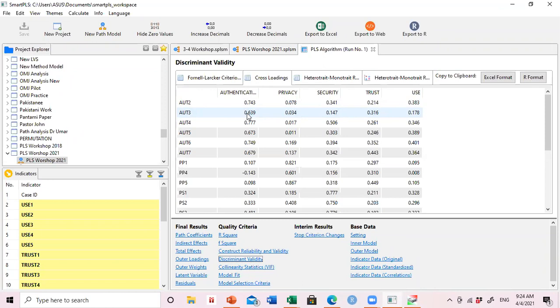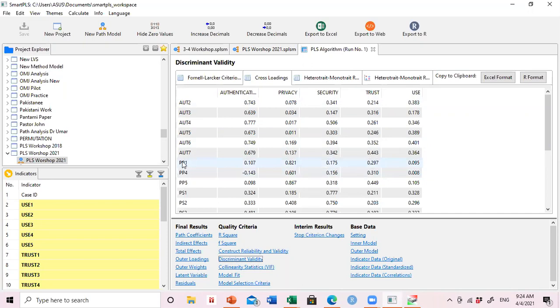We want to look at the correlation with the other items in the same model. For example, authentication 2 is 0.743 and authentication 3 is 0.639. We expect that all these items should load on authentication more than on privacy, security, trust, and use.